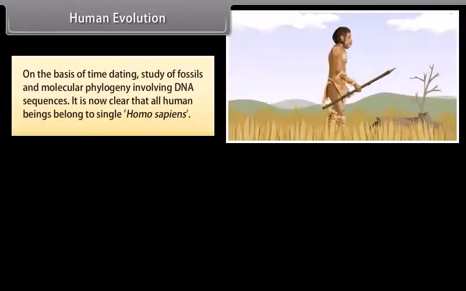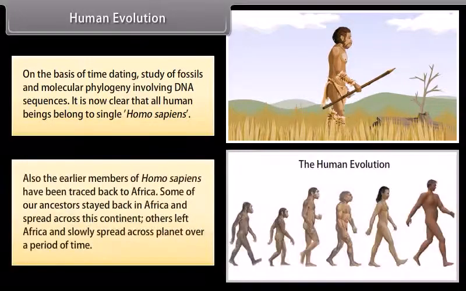On the basis of time dating, study of fossils, and molecular phylogeny involving DNA sequences, it is now clear that all human beings belong to a single species, Homo sapiens. Also, the earliest members of Homo sapiens have been traced back to Africa. Some of our ancestors stayed back in Africa and spread across this continent.